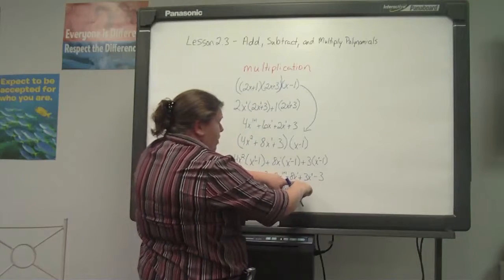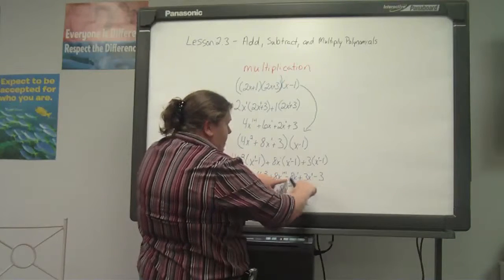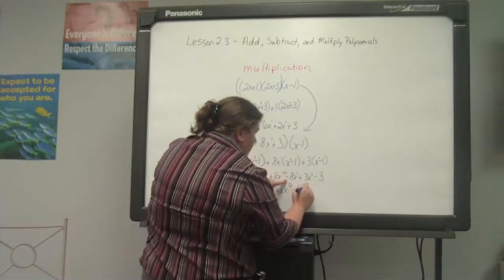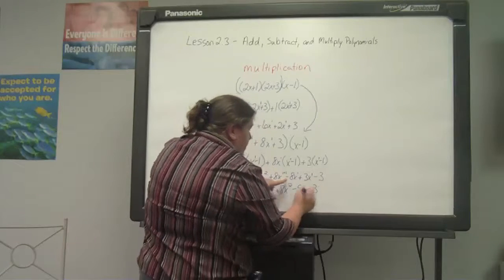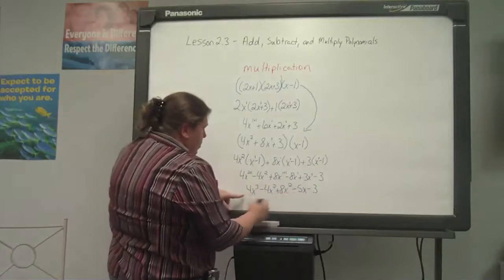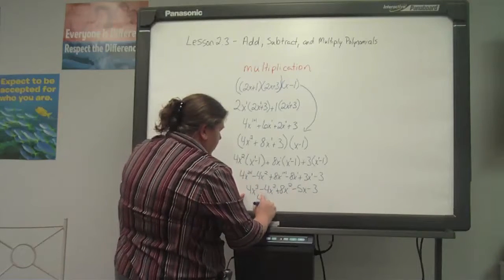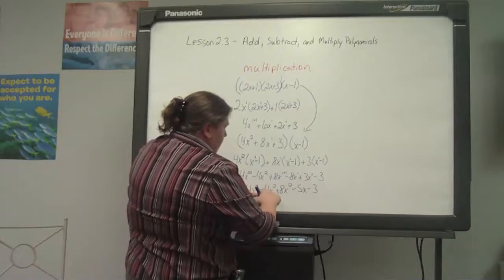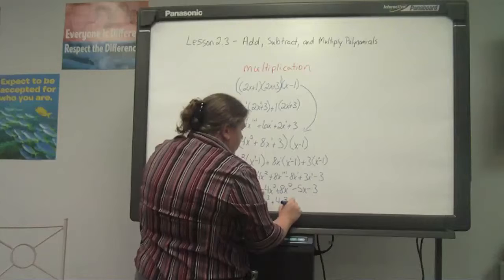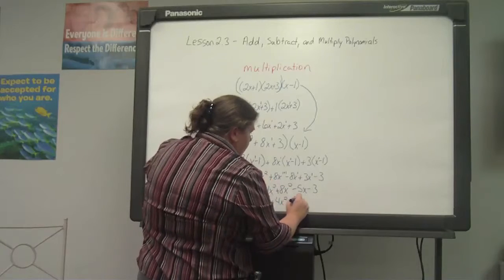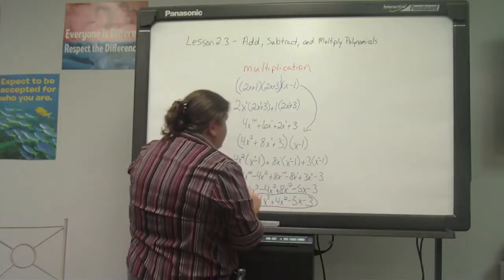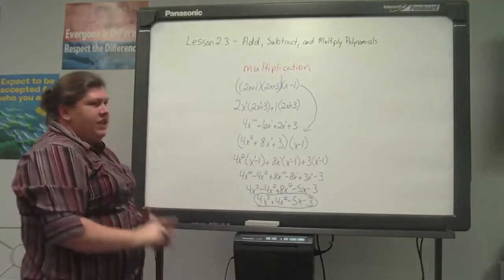And then to the first and to the first, we automatically say minus 8 plus 3 gives us a minus 5x minus 3. So the only thing left is to combine these two. So we have 4x cubed minus 4 plus 8 plus 4x squared minus 5x minus 3. And that is how you multiply 3 sets of parentheses.